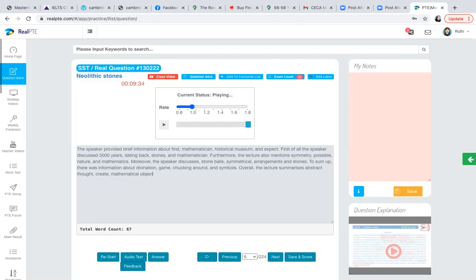So you keep an eye on your word limit. And we have only one more word left, that is joy, maybe. Okay, and you end it with a full stop.